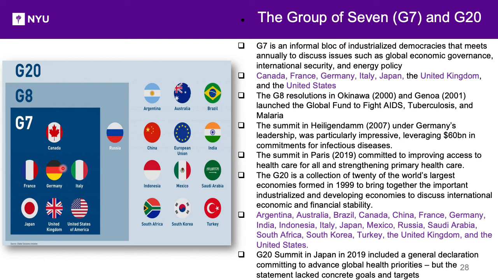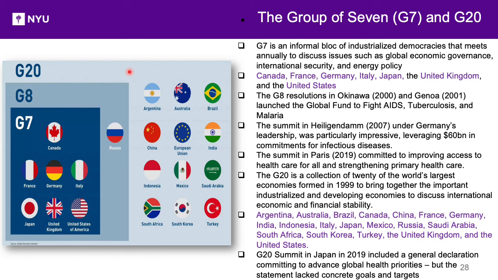And in fact, it was the 2019 summit in Paris that committed to improving access to health for all and strengthening primary health care. The G20 is made up of 20 of the largest economies, formed in 1999 to bring together the important industrialized and developed countries.